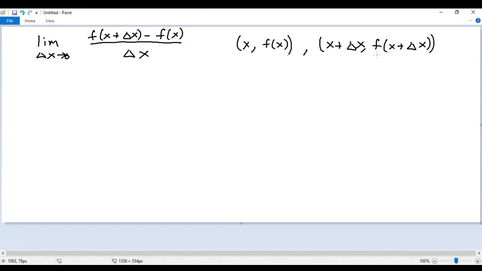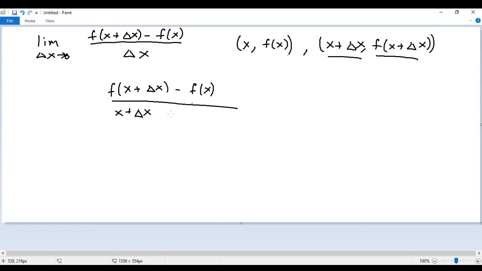And what you can see here, here's our first y value. We would have f of x plus delta x minus our second y value, f of x, and you can see this is exactly the numerator we have up here. Then we would be dividing by our second x value, so x plus delta x, take away the first, minus x, and these x's would just cancel.